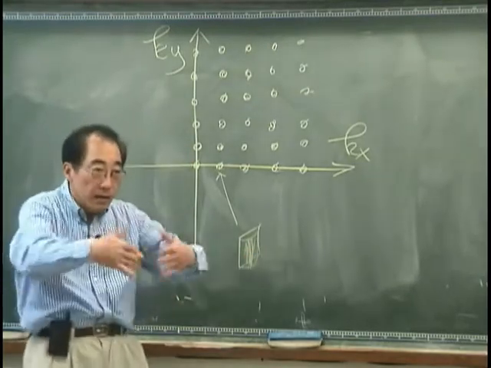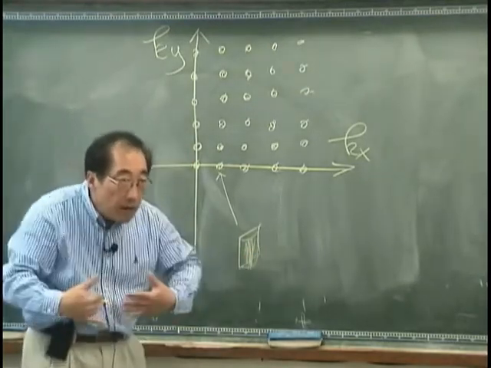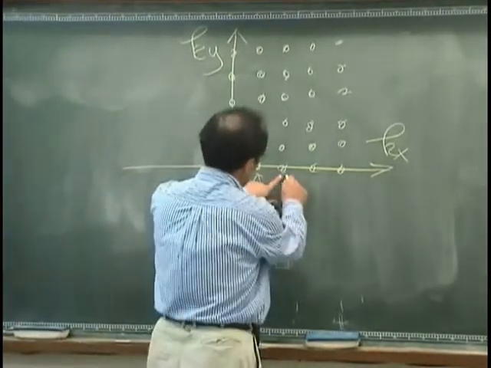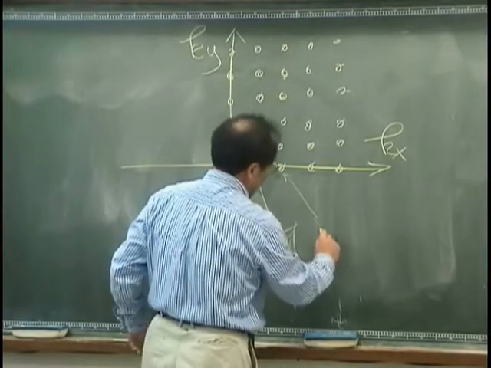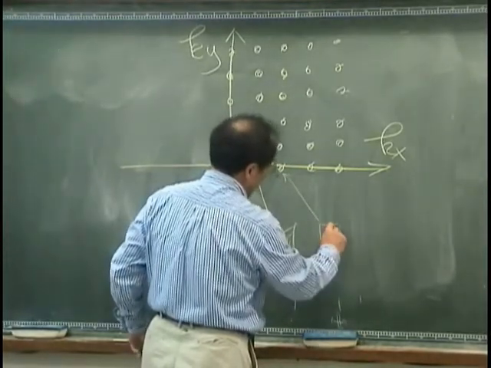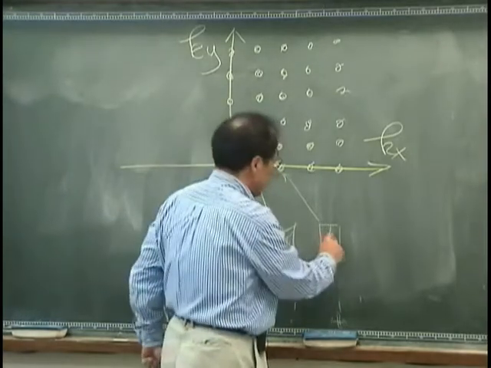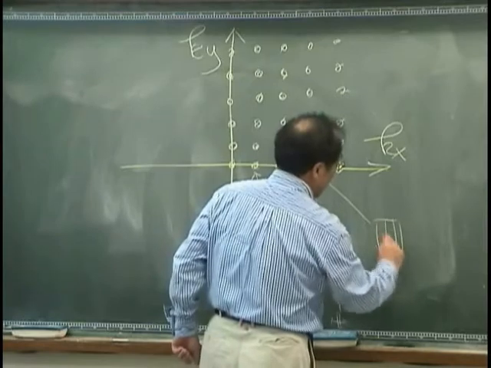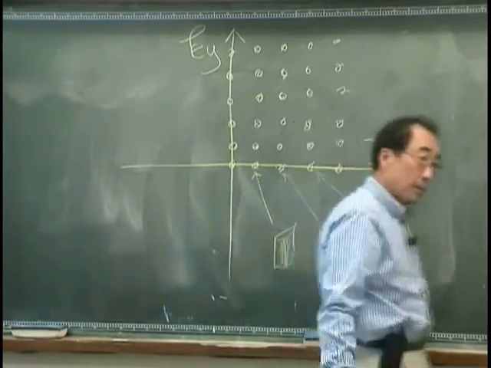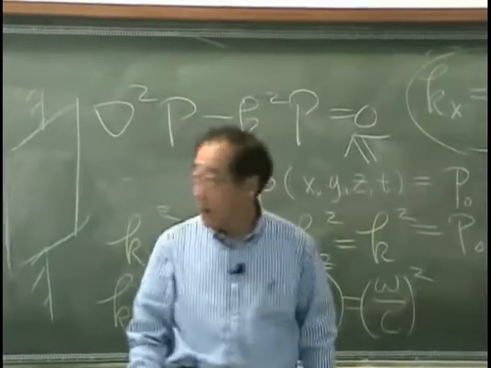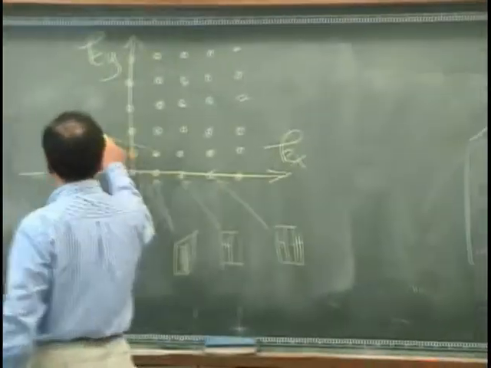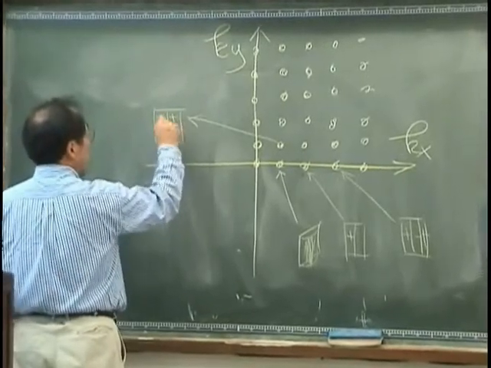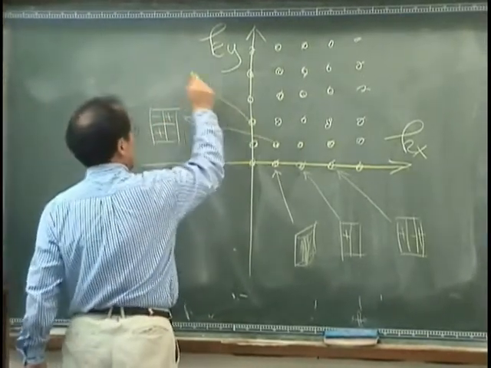Can I see? And the mode shape of this one looks like this. The mode shape of this one looks like this. And the mode shape of this one looks like this.